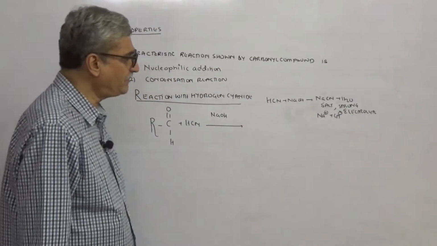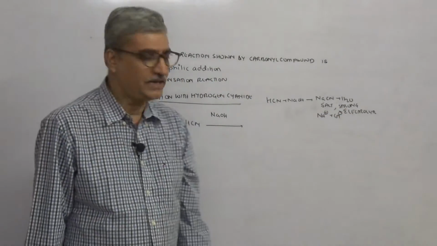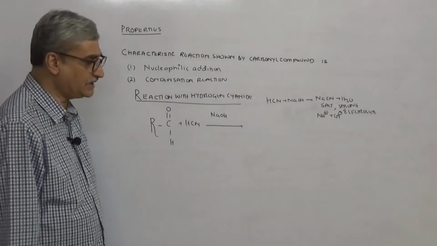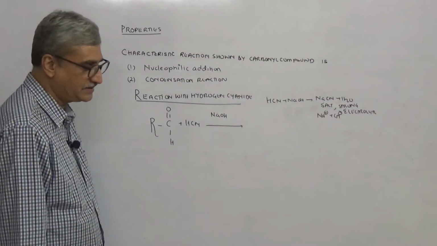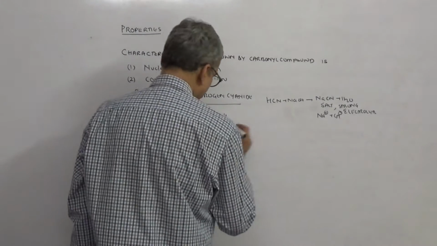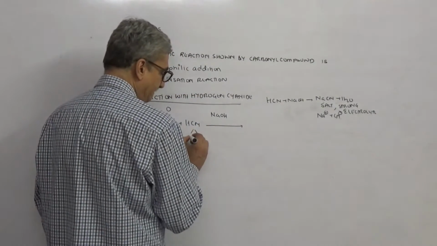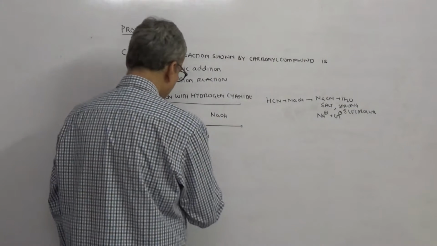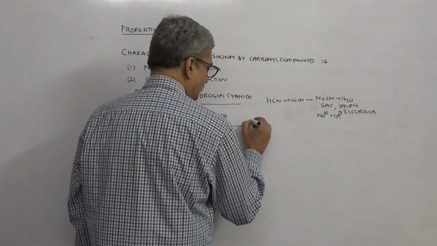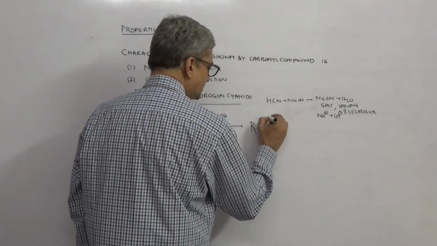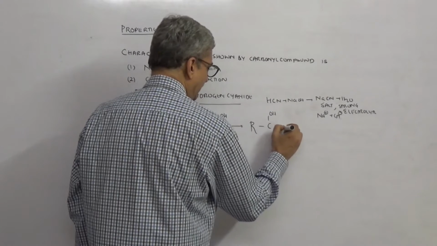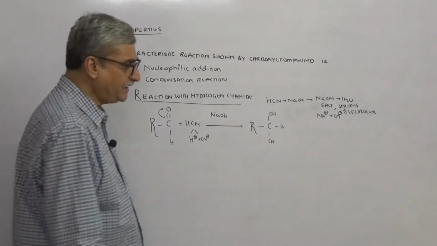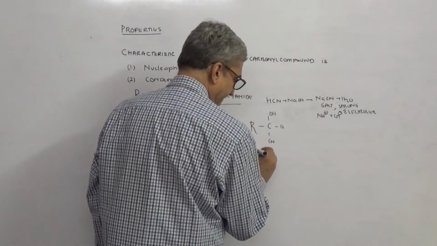A large amount of nucleophile is available. Now, as I told you, HCN splits to form H plus and CN minus, with a shift in the bonded pair of electrons. So we have R C O H, H and CN. You get a cyanohydrin.